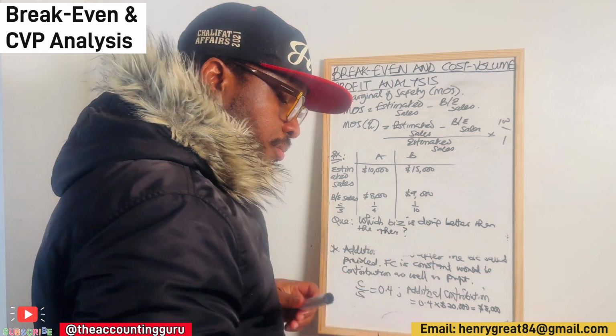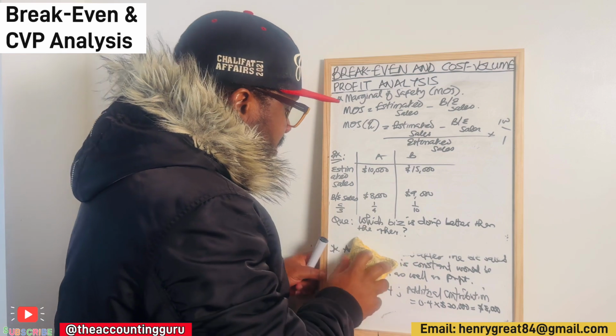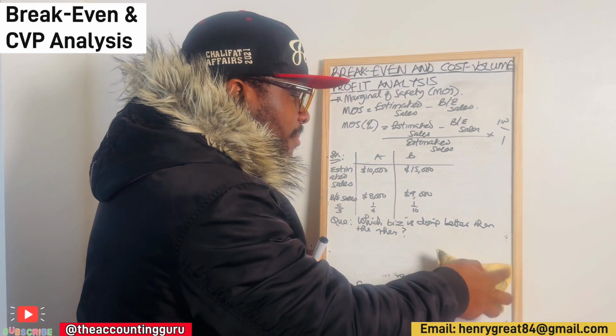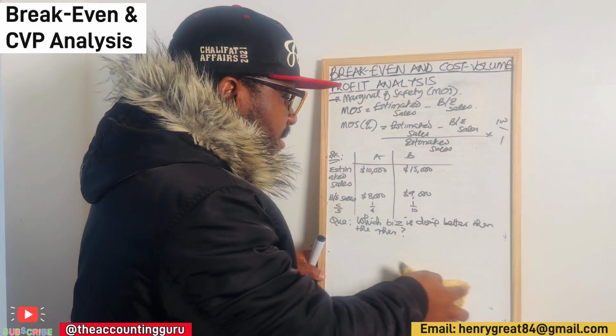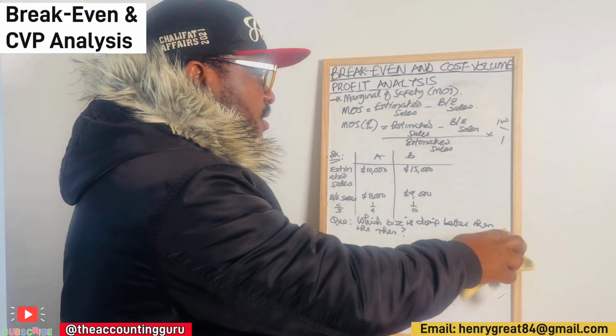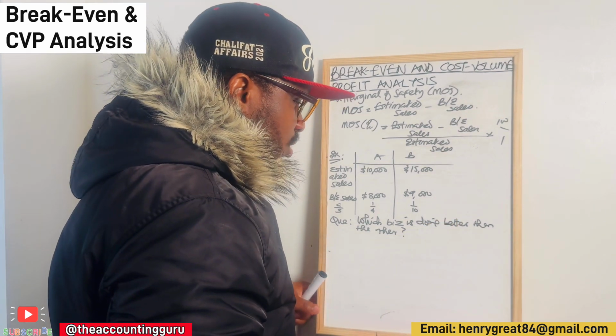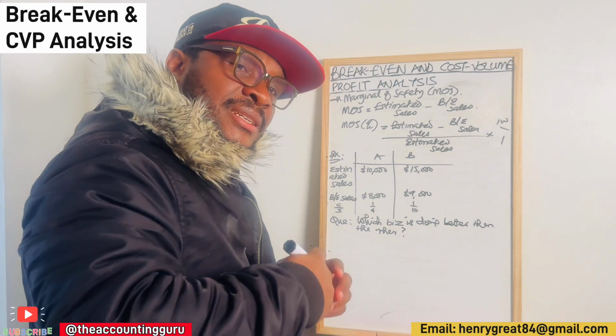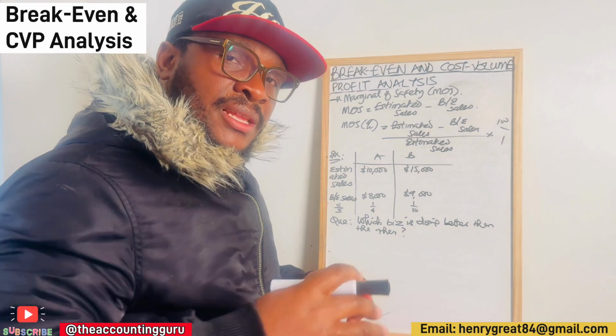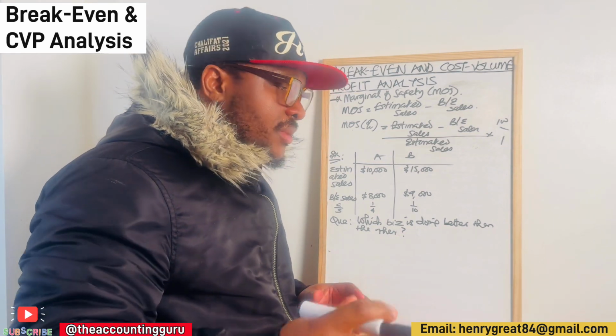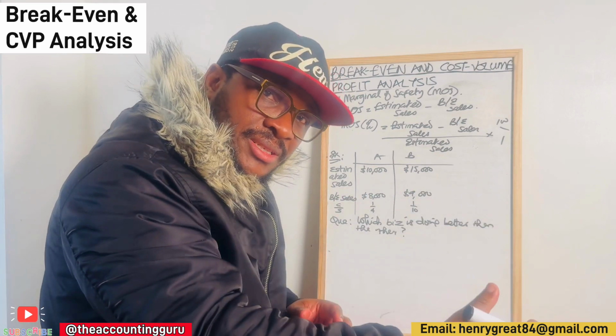Please look up. From what I explained earlier, margin of safety is a measure of risk of any business. Why is it a measure of risk? The higher the margin of safety, the lower the business risk.